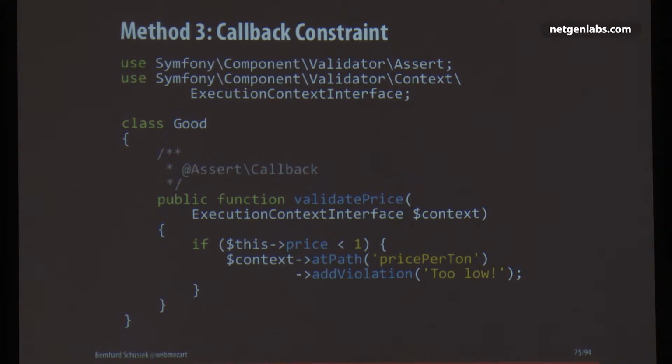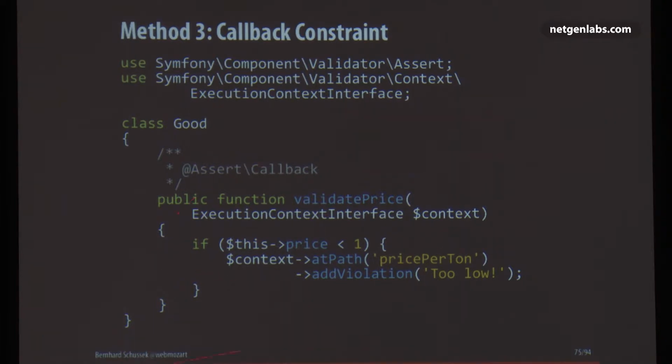And in the validator component, one way of customizing validation is the expression constraint, but another way is the callback constraint. And the validator component has an execution context. It's basically an object that is maintained throughout the complete validation, and it is used to collect errors and do stuff like that.